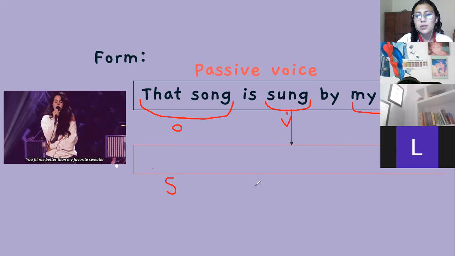Then we continue with the verb. And at the end, it comes the object. Excellent. Now remember that here we must identify the tense of the sentence. Here we are talking about present simple. So try to pass this passive voice into active voice.